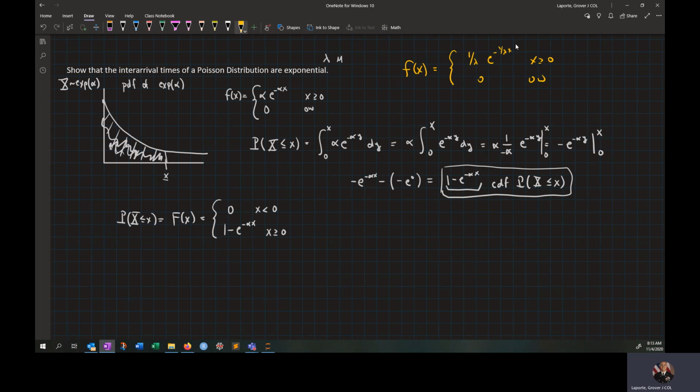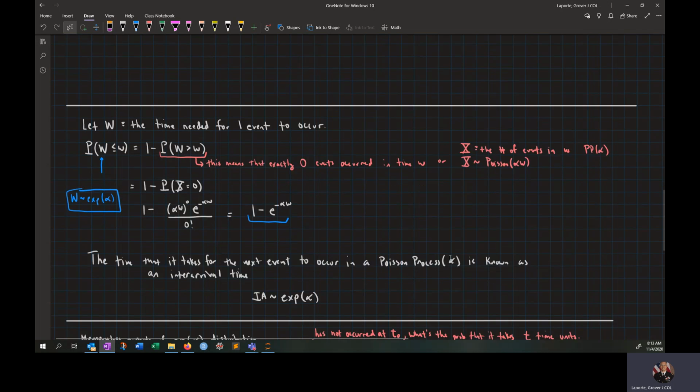You'll see this in some books, and in other ones you'll see it the other way. You just have to know what they're talking about. The reason they do this, I believe, is because this is actually the mean, 1 over lambda, and they want to describe it in terms of the mean. Other than that, I don't really know why people do it differently.